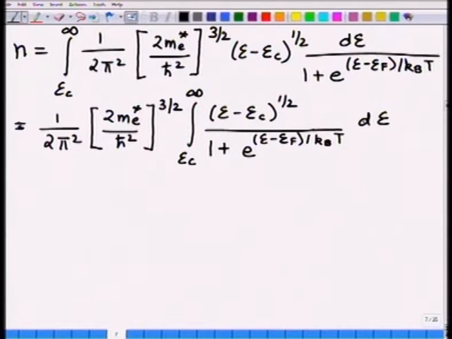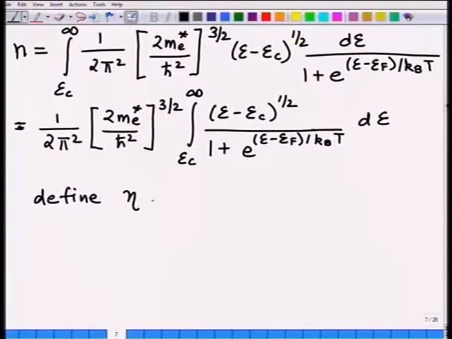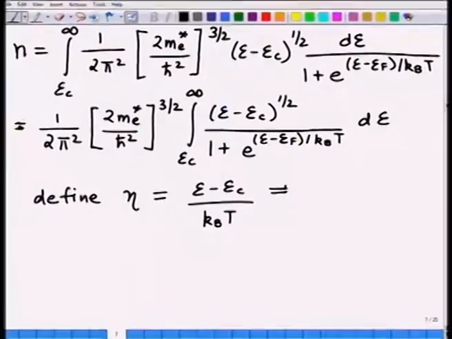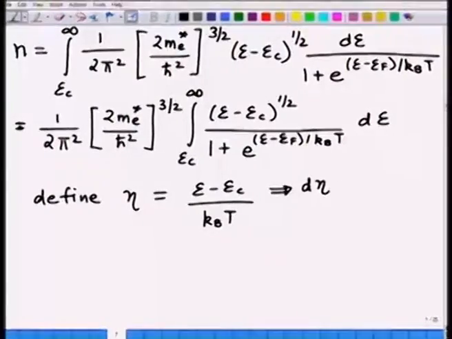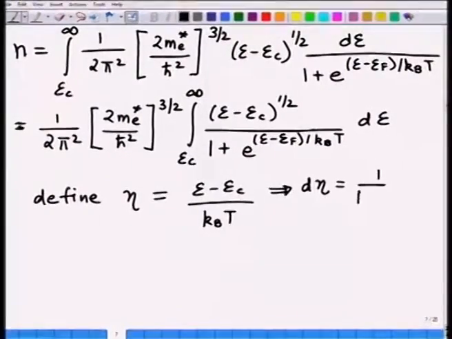So, let us use some definitions first. We are going to define a quantity called eta, which is equal to (E minus E_c) by k_BT. That implies d eta is equal to 1 by k_BT dE. E_c of course is a constant.